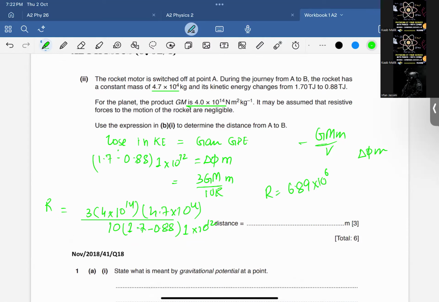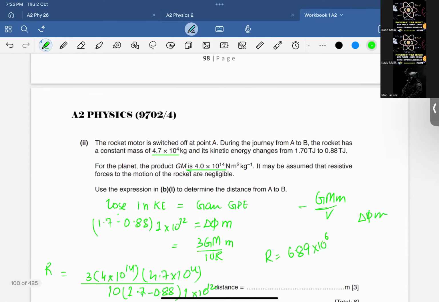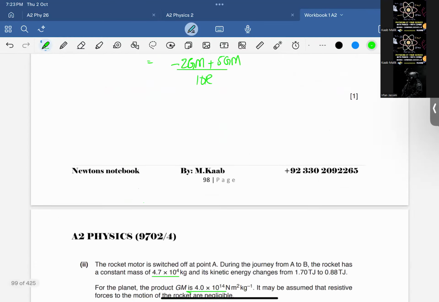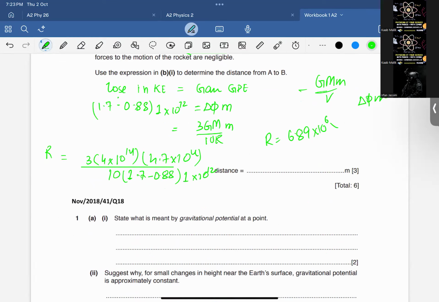Fine. Now, this is the R, right? And they are interested in finding the distance from A to B, and from A to B, the distance is 3R. So you can times it by 3 to get the final answer.